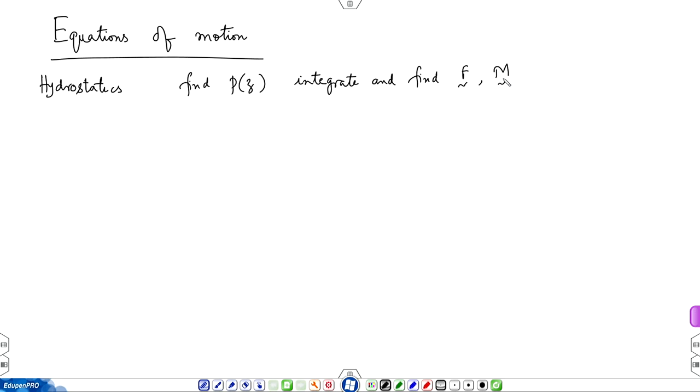This is the approach, and there is no motion in hydrostatics, but the governing equation is set up with reference to a natural law, which is Newton's second law of motion, with motion set equal to 0. That means sum of all external forces is equal to 0. So with a natural law, set up the governing equation, solve the equation for pressure, integrate pressure, find forces, moments.